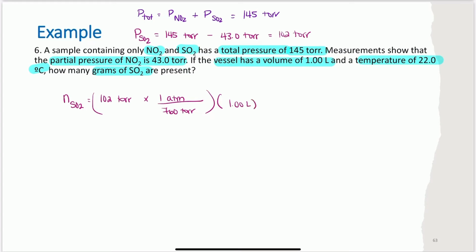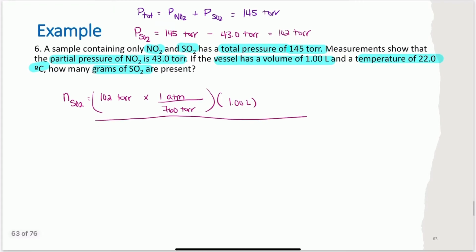Times the volume, 1 liter. Your gas constant, 0.08206 liter atmosphere per mole K. And your temperature, 22 degrees C, is 295 K. And I need to check this. Let's see. 102 divided by 760 times 1 divided by 0.08206 divided by 295 is 0.0055.